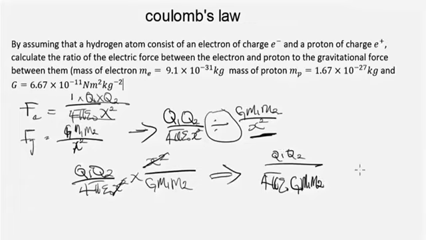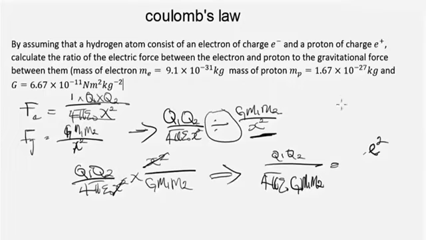And notice that Q1 Q2 can also be retaken to be e squared, since the charge in the proton is same as the charge in the electron.